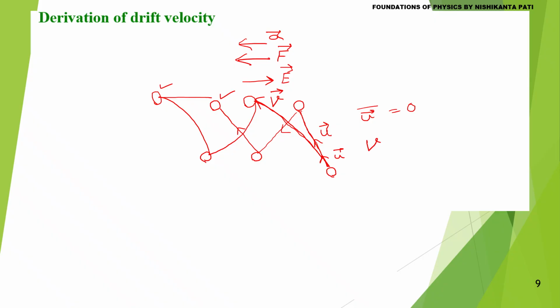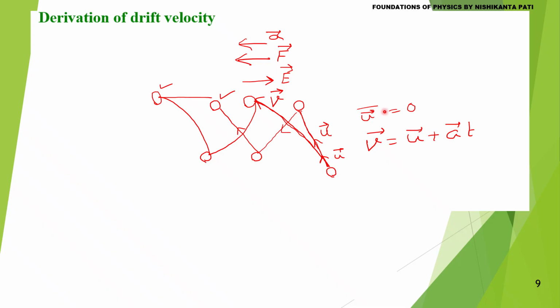This v vector is equal to u vector plus a vector t. t is the time between this collision and this collision. This u vector is not dependent on the electric field, but v vector depends on electric field through a vector.